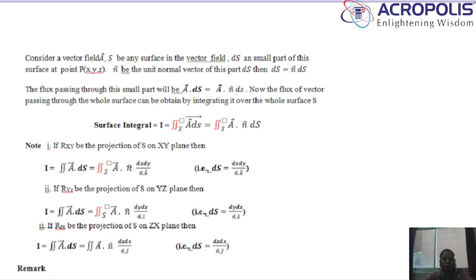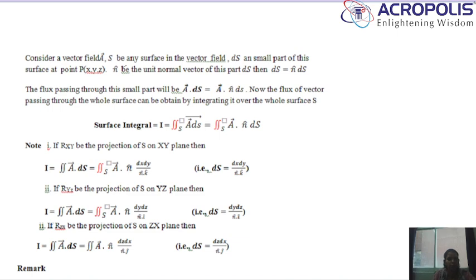Now the flux of the vector passing through the whole surface can be obtained by integrating it over the whole surface S. Then the surface integral over S is defined as double integral over S of A dot ds, or double integral over surface S of A vector dot n cap ds. Now here we define some more notation.